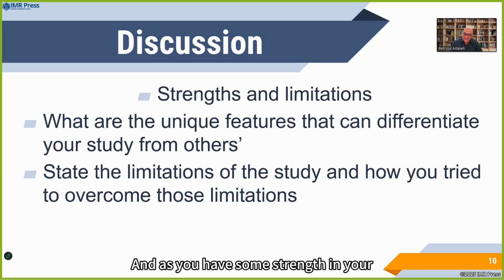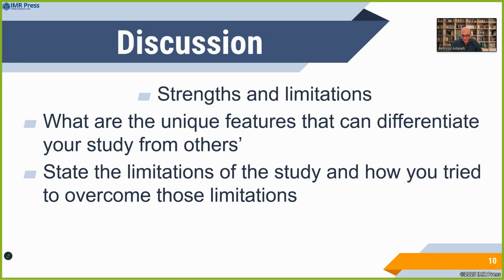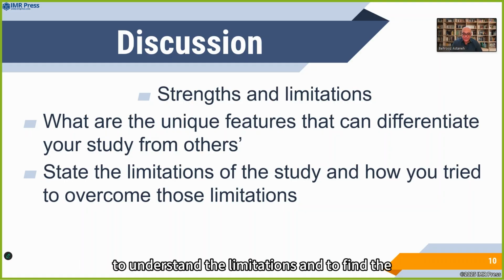And as you have some strengths in your study, there are some limitations, of course. So state those limitations and explain to the readers how you tried to overcome them. Mentioning the limitations yourself helps the peer reviewer to understand them and to find the answers to them.